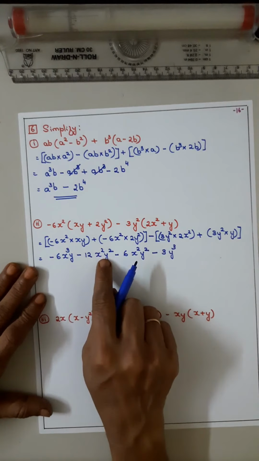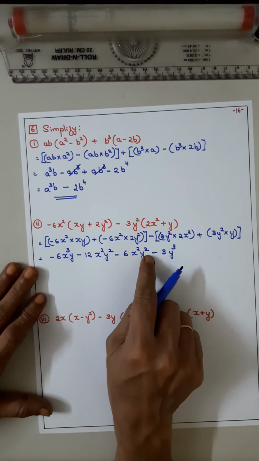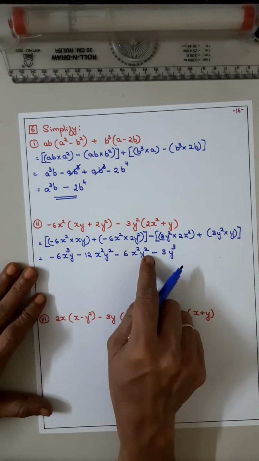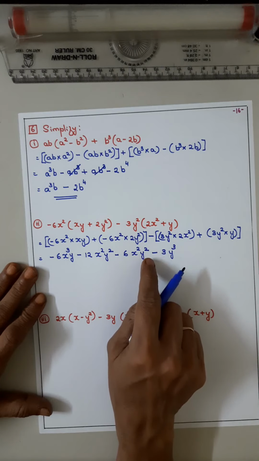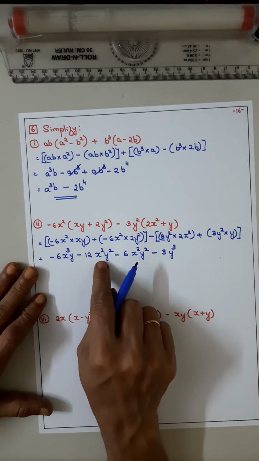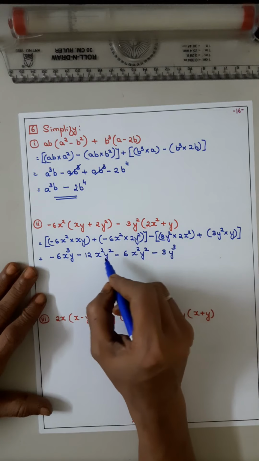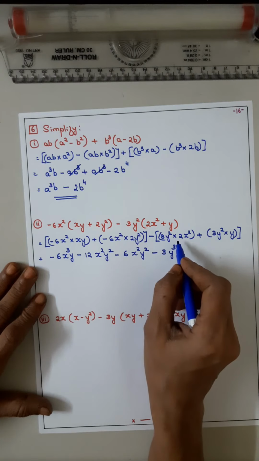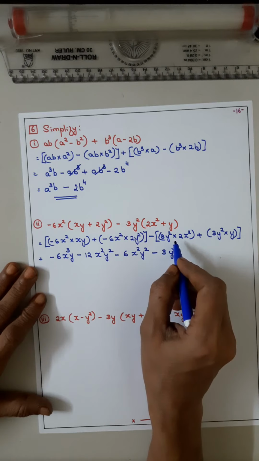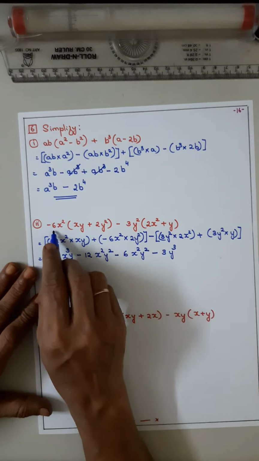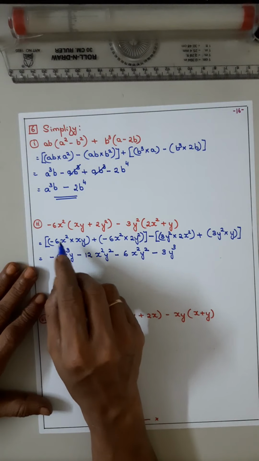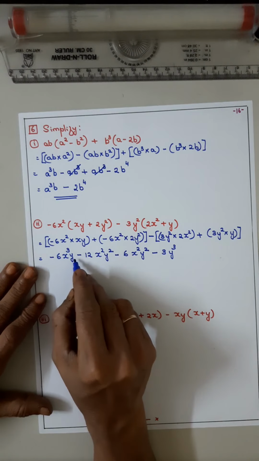Now x squared y squared. Is there any difference? This becomes 12 x squared y squared, minus 6x cube y.